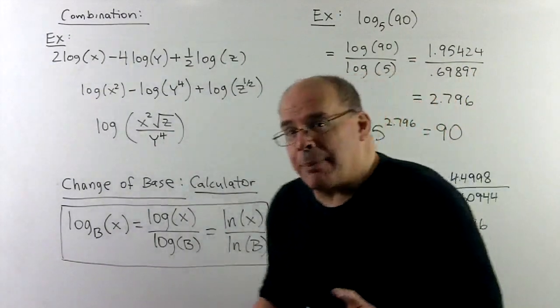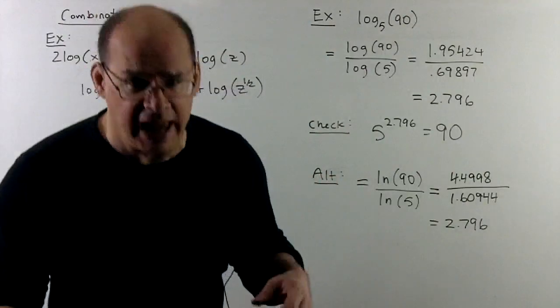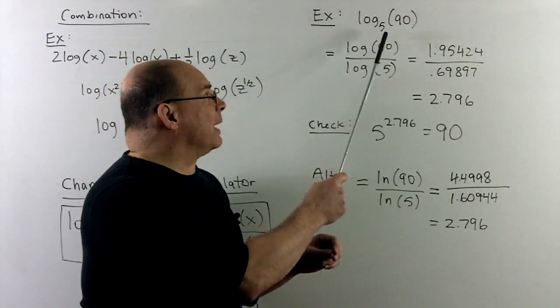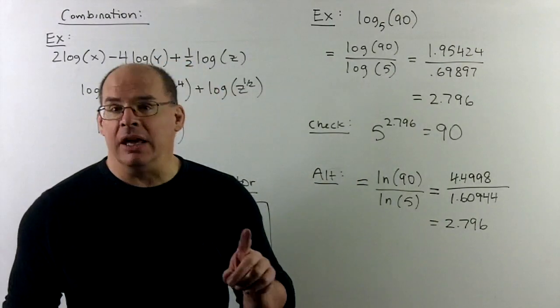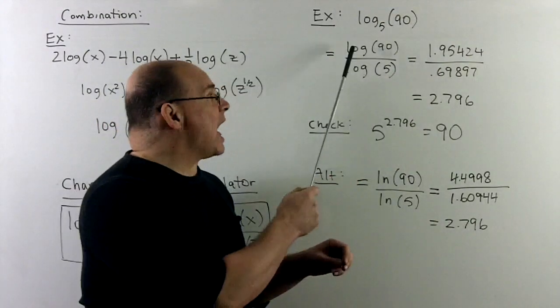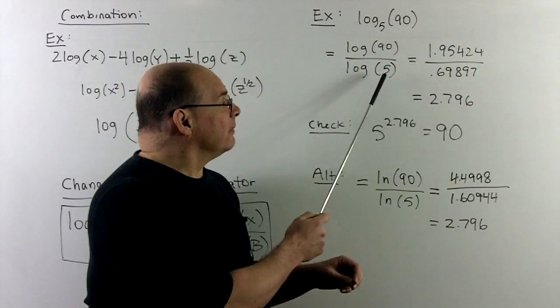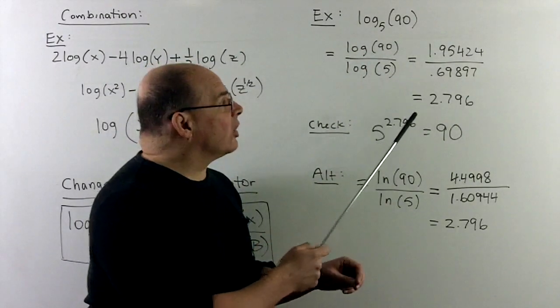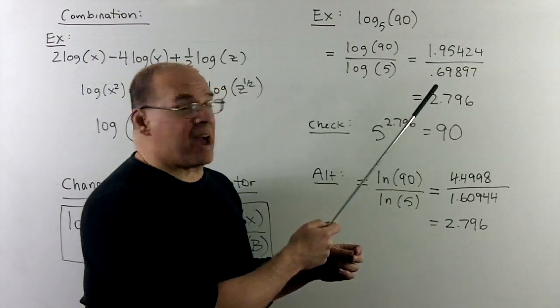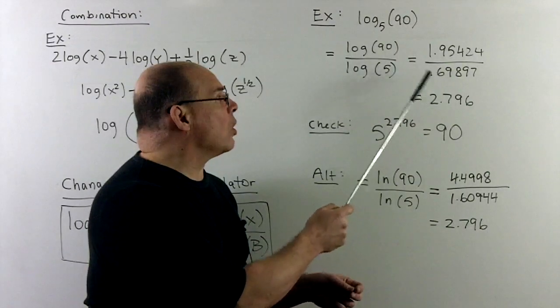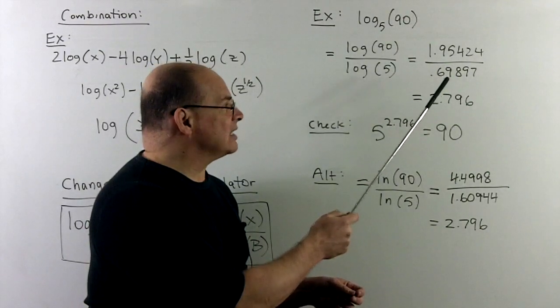Let's first do an example just to see how the numbers fit together. So, why don't we go with log to the base 5 of 90. If I use the base 10, the log button, we'll get log of 90 over log of 5. Put those in the calculator, going out to about 5 decimal places, I get 1.95424 over 0.69897.